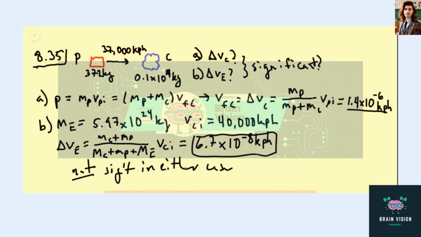Now, of course, the actual effects of a comet this size impacting the Earth are probably going to be quite catastrophic, because it's not the change in the Earth's speed that causes the problems. It's the amount of energy that gets deposited into the surface of the Earth all at once.